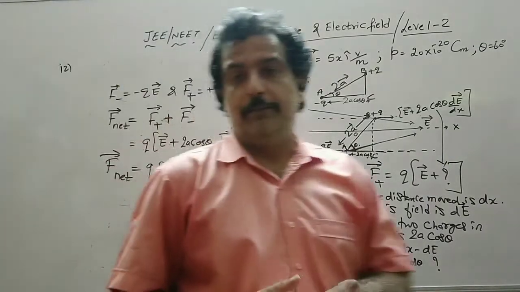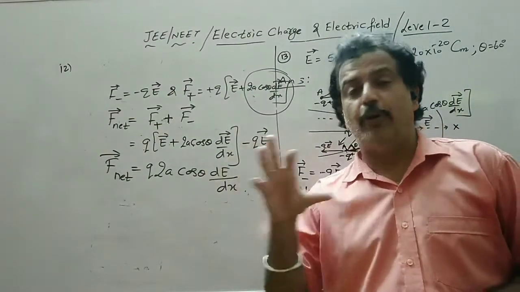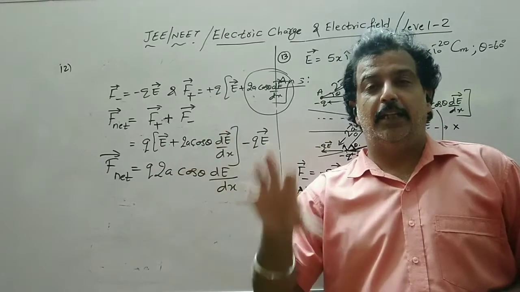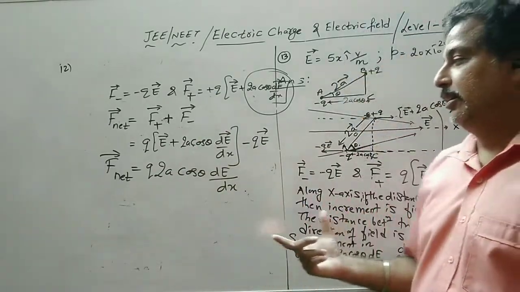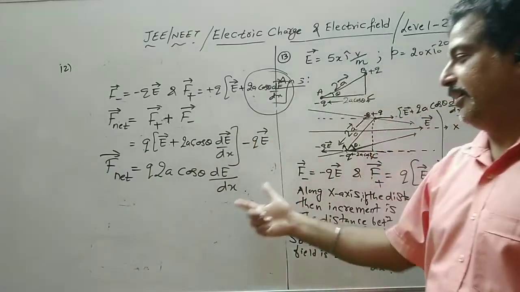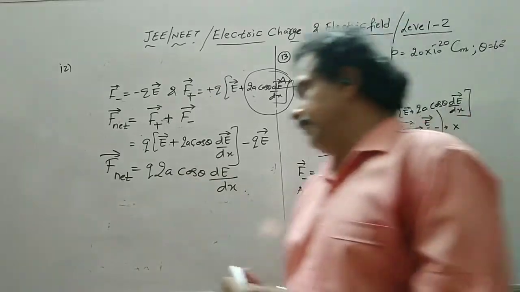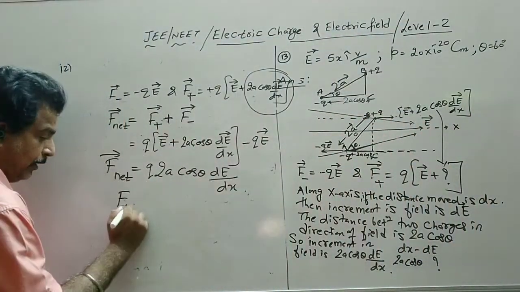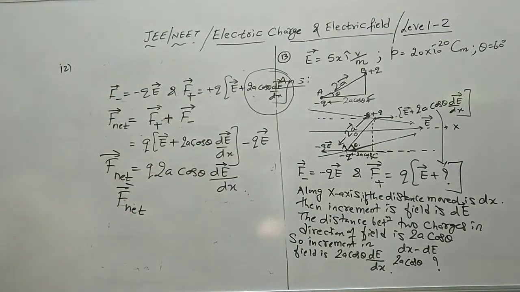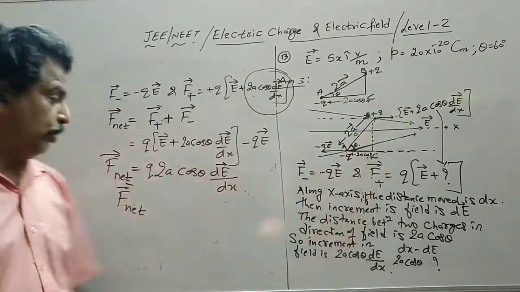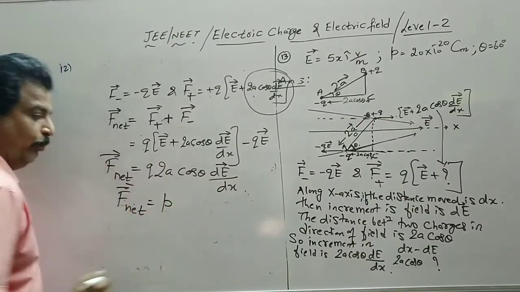So now you have to remember that whenever a dipole is placed in a non-uniform electric field, the resultant force acting on it in the direction of the field, here the direction of the field is taken along the x-axis, is Q into 2a cos theta dE by dx, and therefore F net can be written as, now clearly the resultant force will be along the x-axis, so I will write this as 2a into Q, that is the dipole moment.